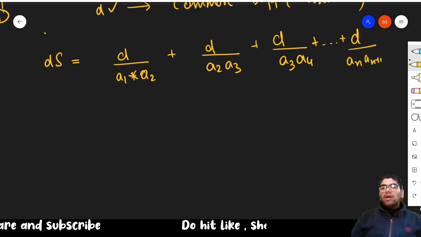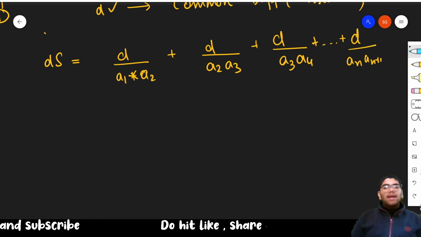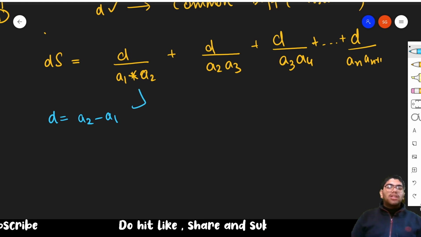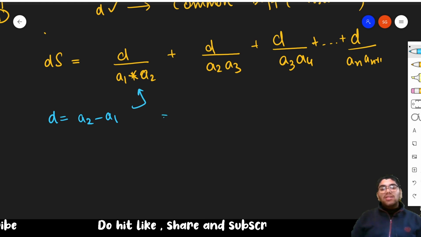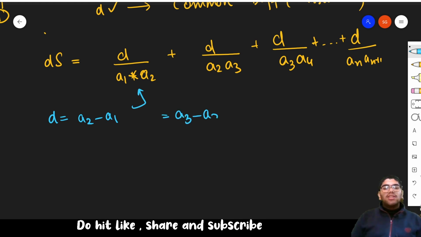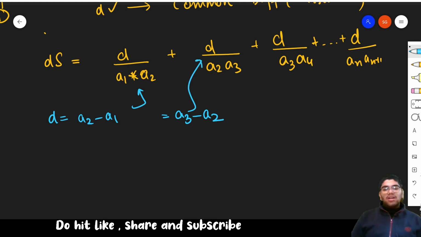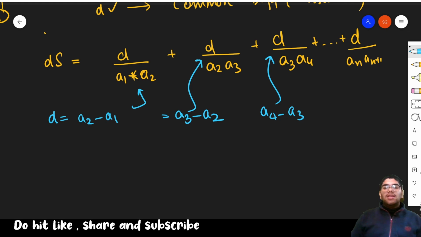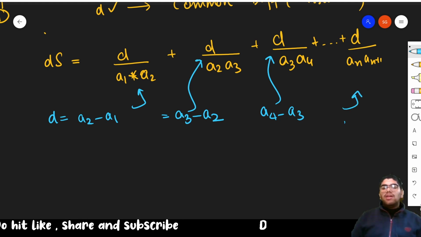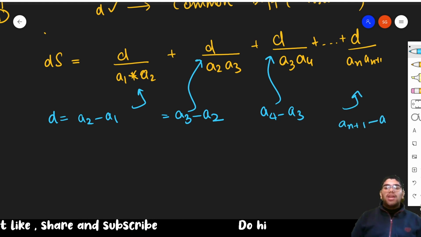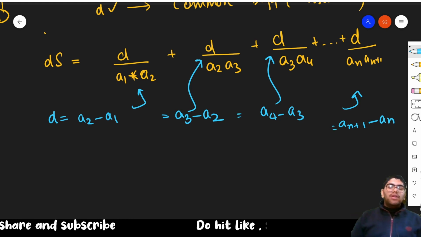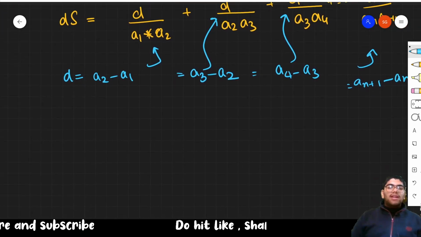Now what I actually know is that this D is equal to a2 minus a1, so I can substitute over here, and this D is also equal to a3 minus a2, so I can substitute over here, and similarly I can continue this process, a4 minus a3, and for the last one I can substitute an plus 1 minus an. So D is actually equal for each of these. So let me write this.